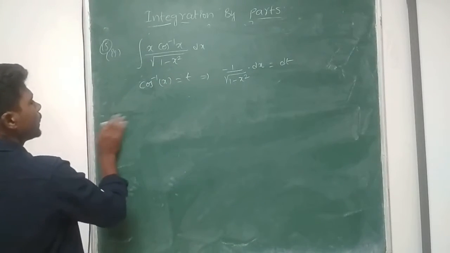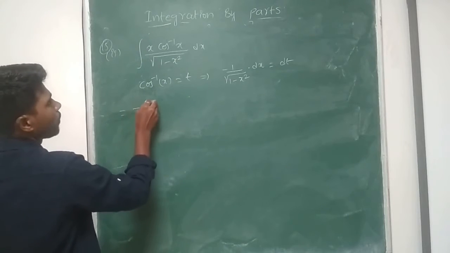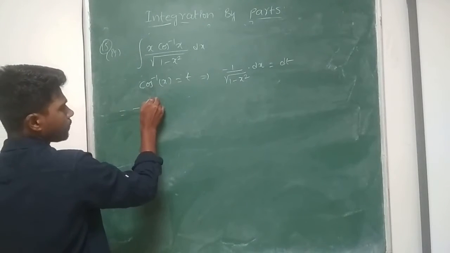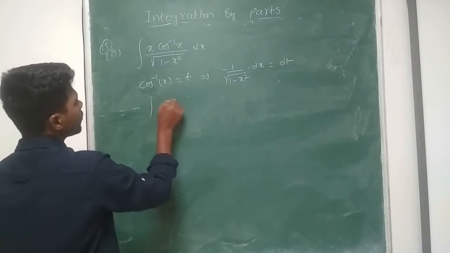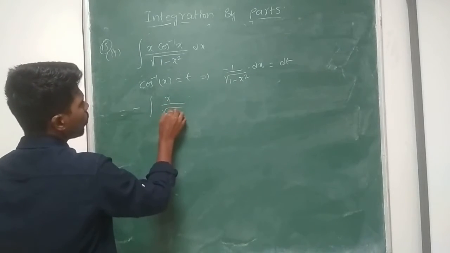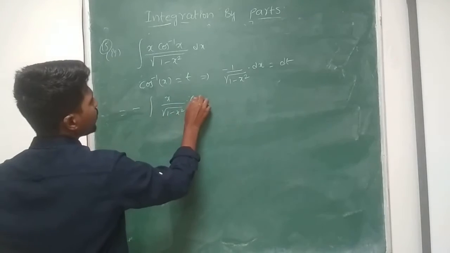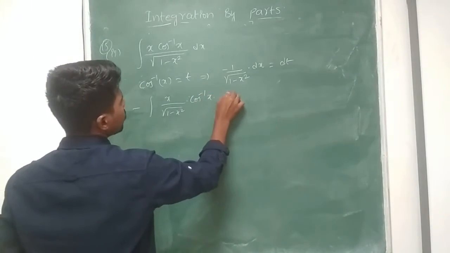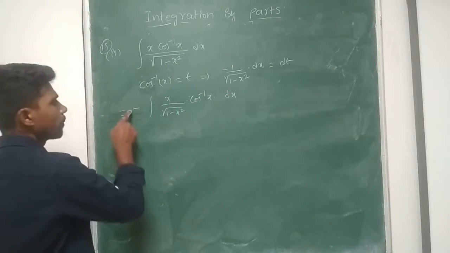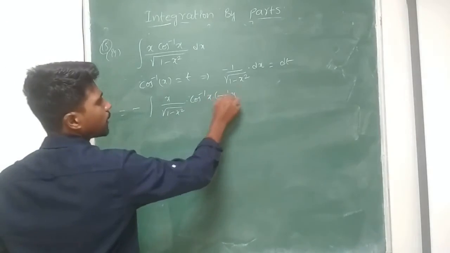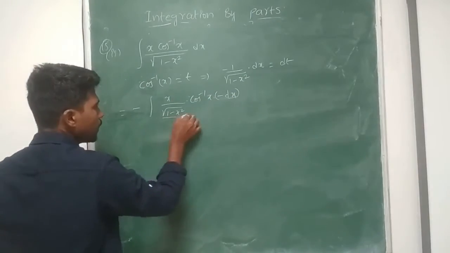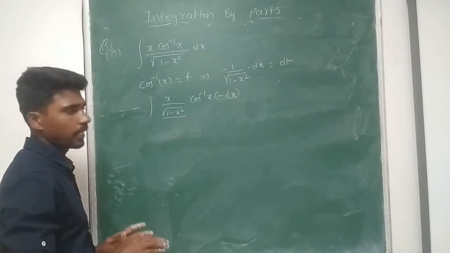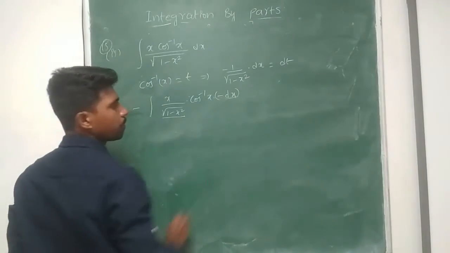Then the given integral becomes minus integral x by root over 1 minus x square into cos inverse x into dx. I multiplied by minus, so I want to multiply here also by minus. Now minus dx by root over 1 minus x square can be replaced as dt.